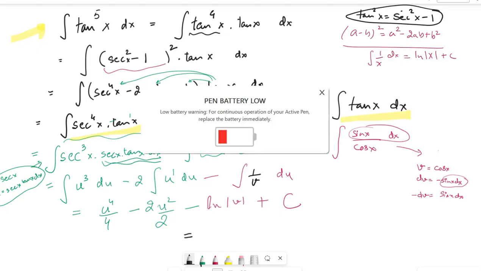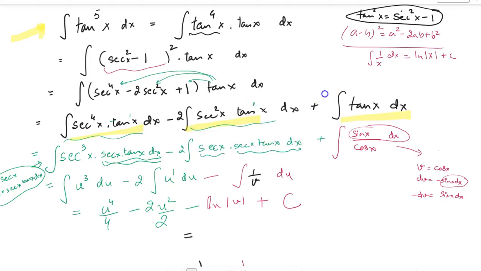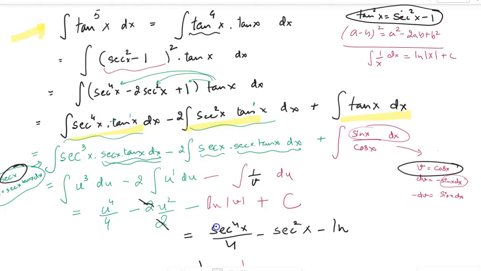We always need to sub back. u is what? Secant. So secant^4 x by 4, minus, this 2 just cancels, we just have secant square x, minus natural log of v, which is what? Cosine x. That should be your final answer.